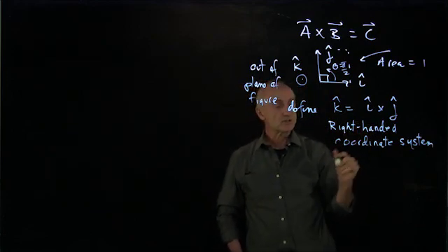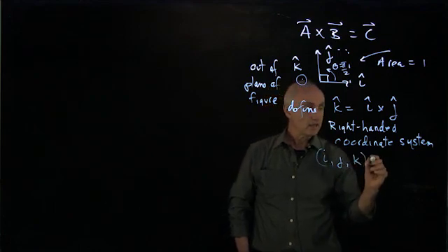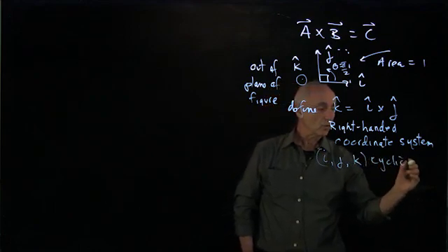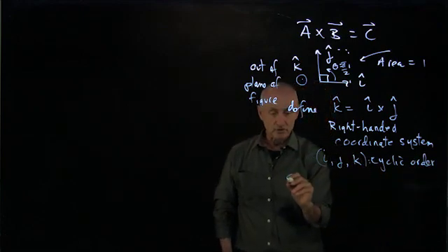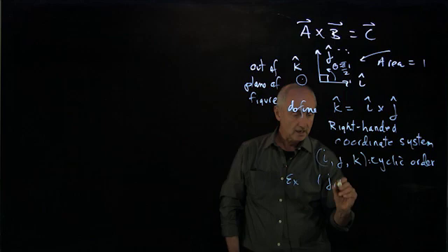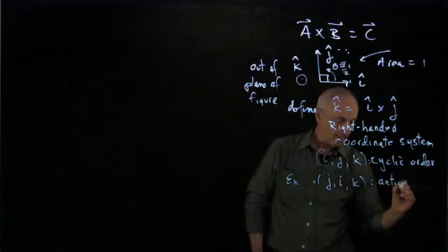Now, there's something very nice about this cross product definition. Notice that there's a cyclic order. i, j, k is a cyclic order. And if you interchange any two, for example, j, i, k, that's anticyclic.